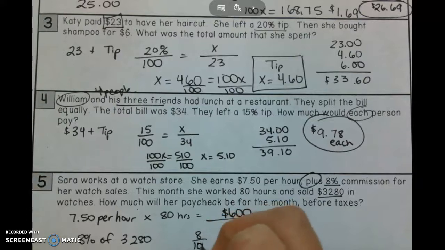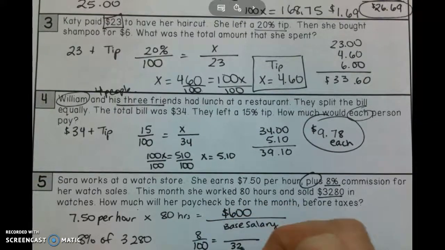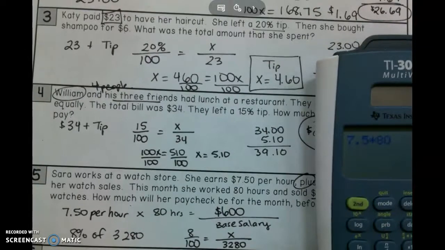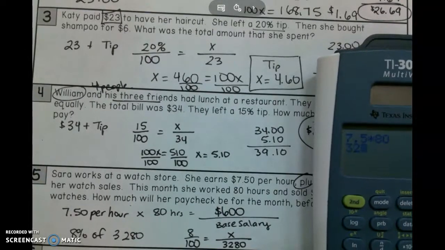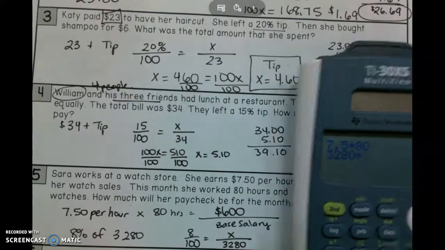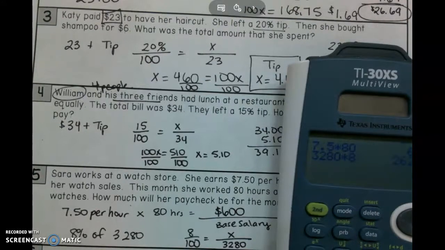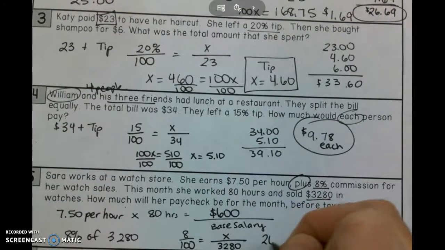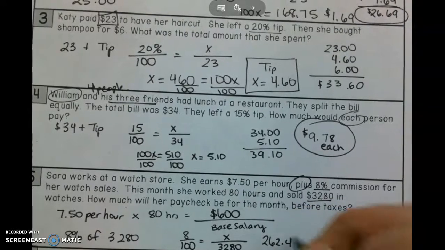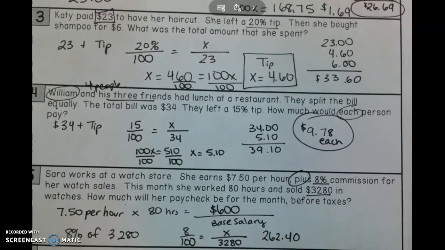So our question is, what is 8% of 3,280? So when I solve that, 3,280 times 8, and then we're going to end up dividing by 100, and we get 262.4. Okay, since it's money, we're going to add a 0.